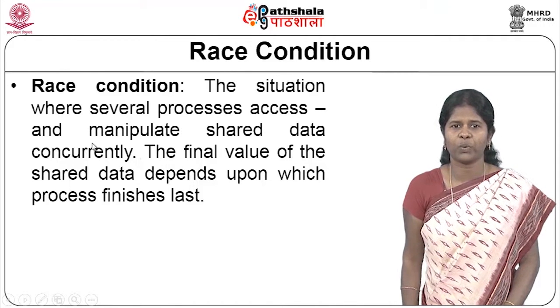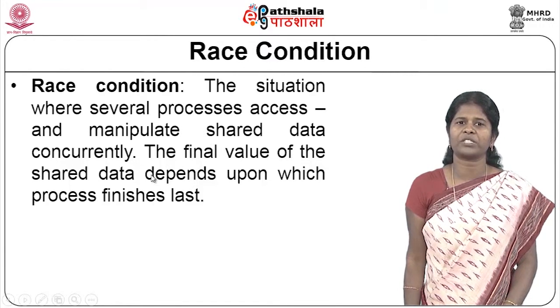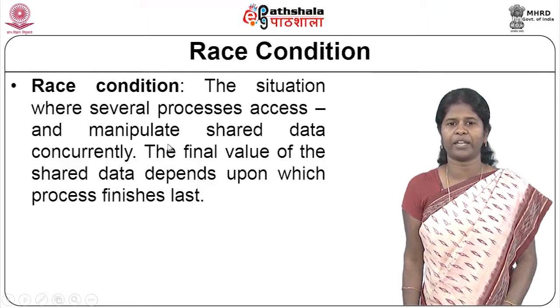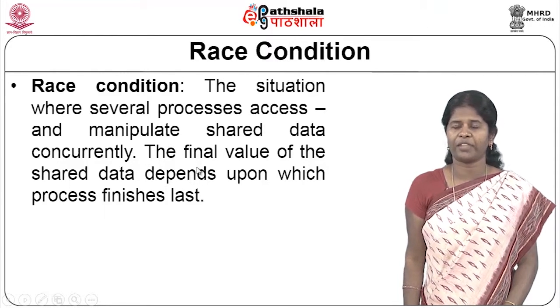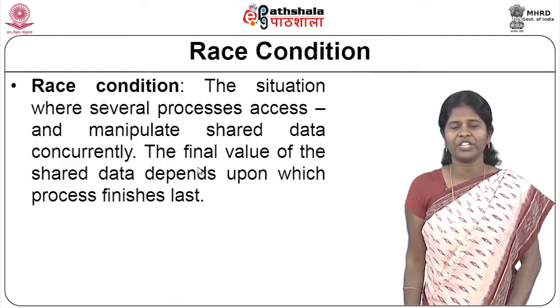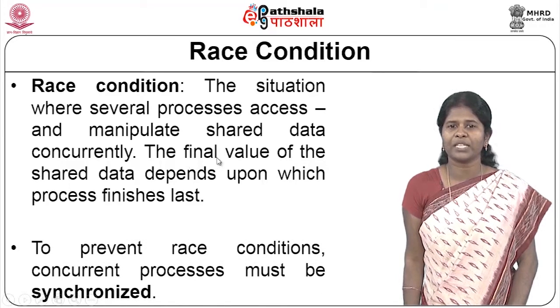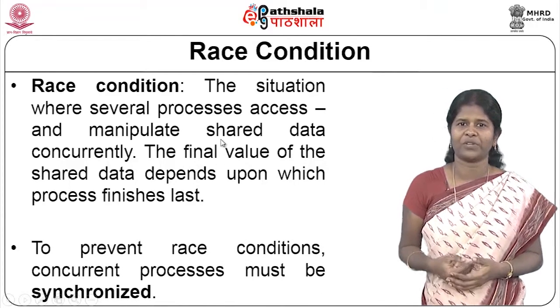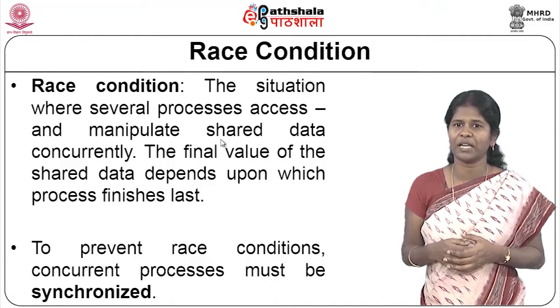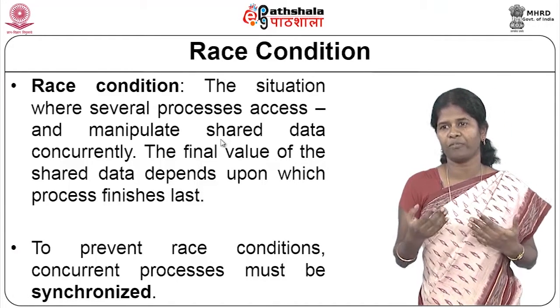That is a situation where several processes access and manipulate shared data concurrently is called a race condition, and the final value of the shared data depends upon which process finishes last. That is what we had seen in the problem. Because the consumer process finishes last, the value of counter was 4.